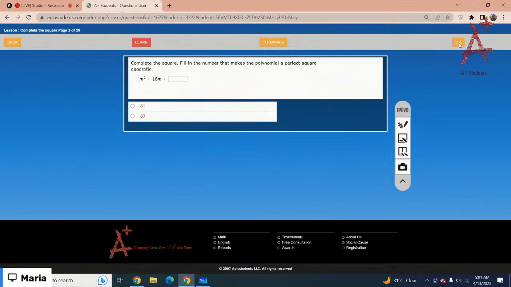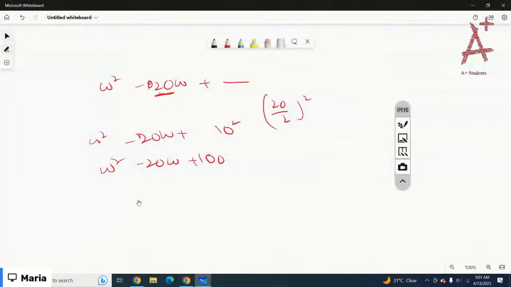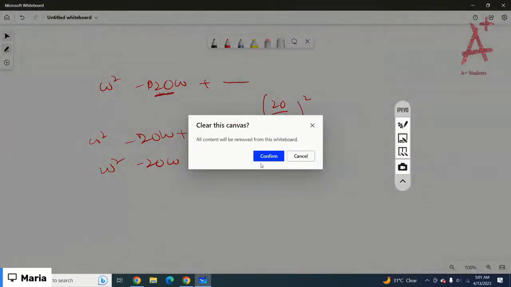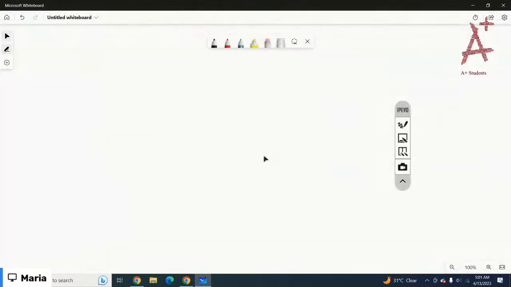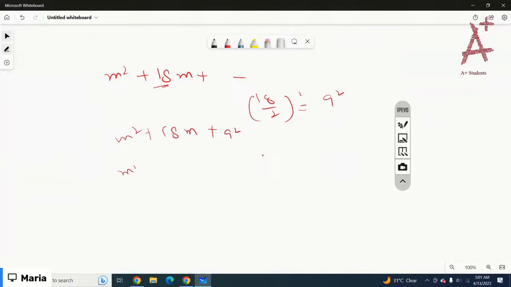Okay, m square plus 18m plus the missing number. That would be b. b over 2 is 18 over 2 is 9, 9 square you have to add. So it would be m square plus 18m plus 9 square. 9 square would be 81.